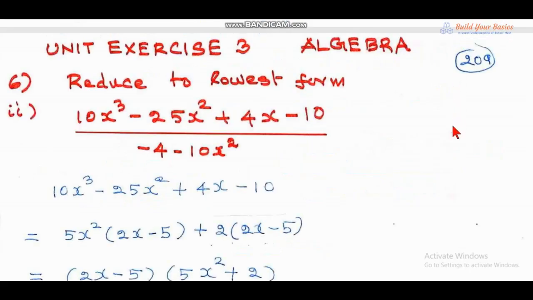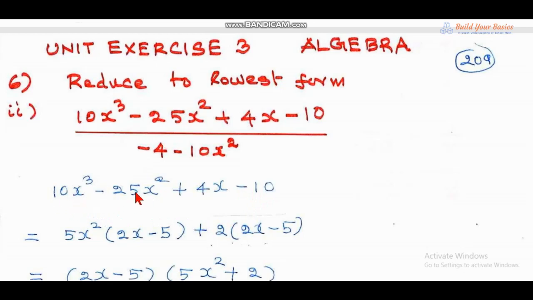Unit exercise 3, sum number 6, second subdivision. We have to reduce to the lowest form. 10x cubed minus 25x squared plus 4x minus 10 upon minus 4 minus 10x squared. Take the numerator: 10x cubed minus 25x squared plus 4x minus 10.